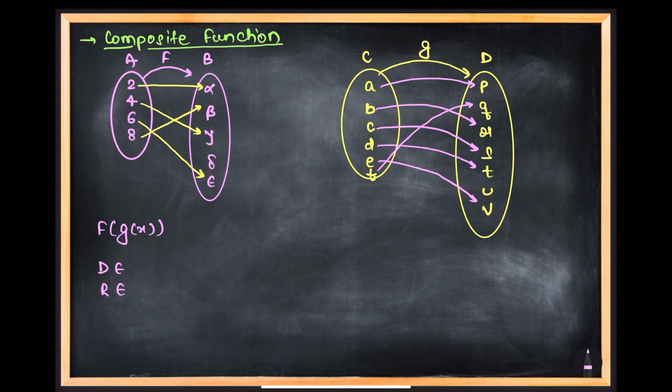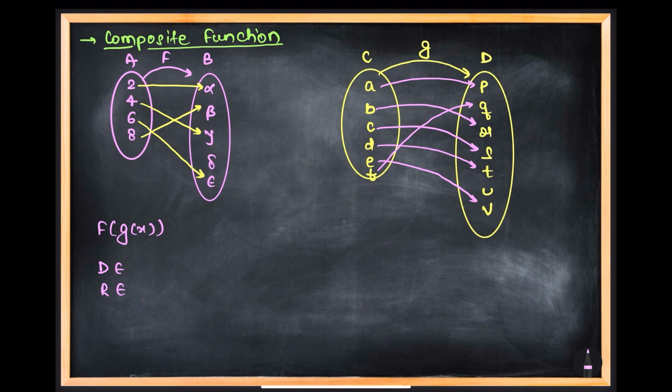Okay. Now, if you feel that the domain of f of g of x is the domain of f, that is totally wrong. Whatever input you give, it will be taken by x, and x is inside g. So the domain of g becomes the domain of the whole composite.